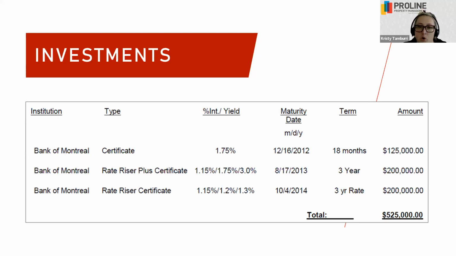It's important, obviously, to keep an eye on those maturity dates so that as a strata council, you can have a discussion in advance to determine how best to handle those monies, whether you're going to pop that money back into the contingency reserve fund or choose to reinvest in another investment.